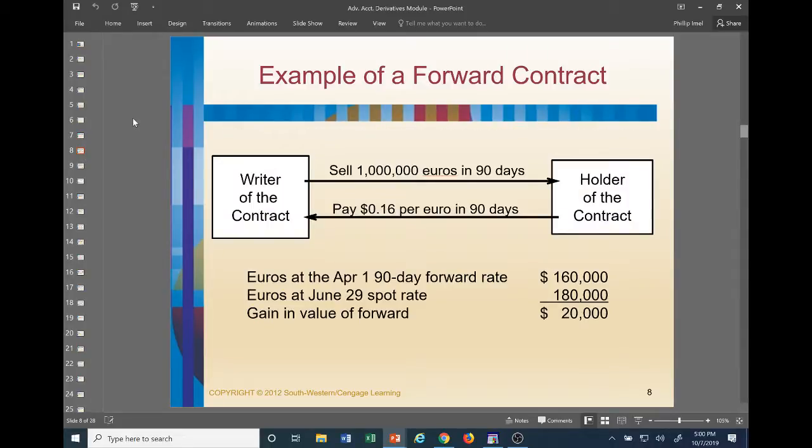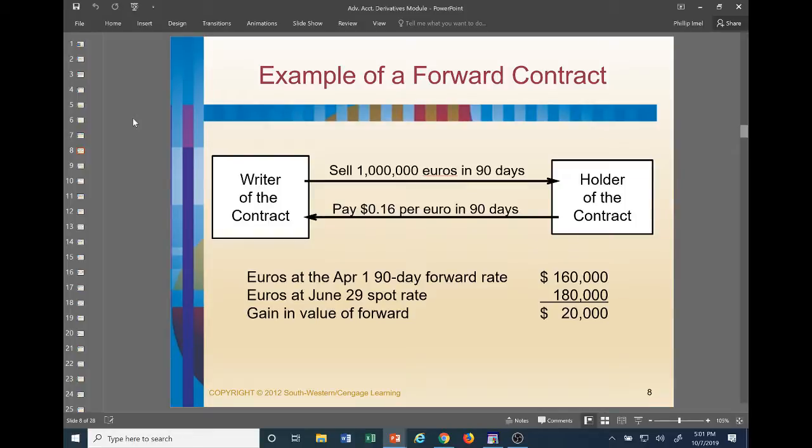So let's look at an example of a forward contract. Let's assume that on April 1st, a party, in this case called the writer, writes a contract in which he or she agrees to sell to another party, who agrees to buy, a million foreign currency units, in this example euros, at a specific price of 16 cents per euro, with delivery in 90 days, or on June 29th.